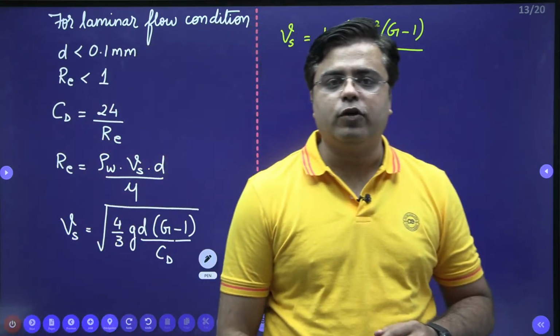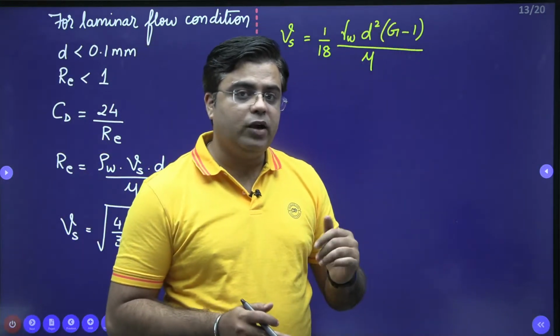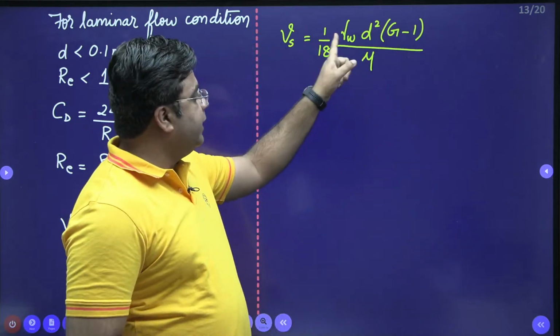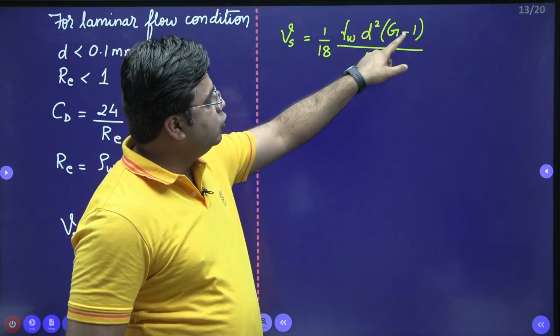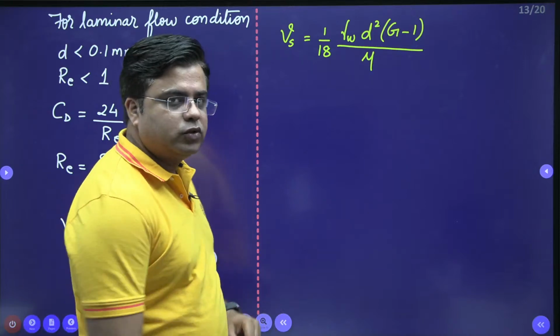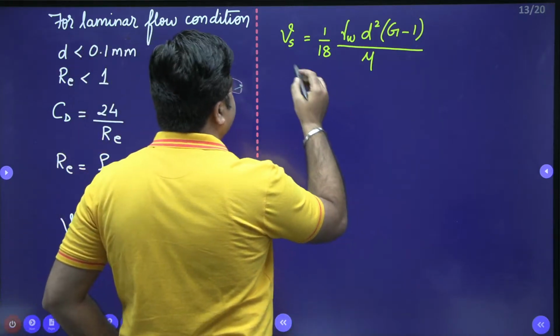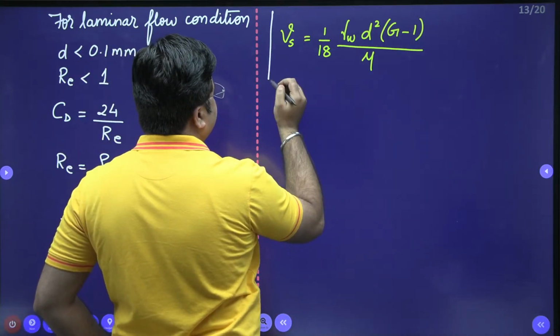For laminar flow condition, Vs is equal to 1 upon 18 gamma w d square into G minus 1 by mu. So this is my expression of settling velocity, especially for laminar flow condition.